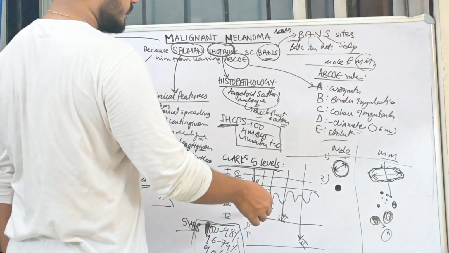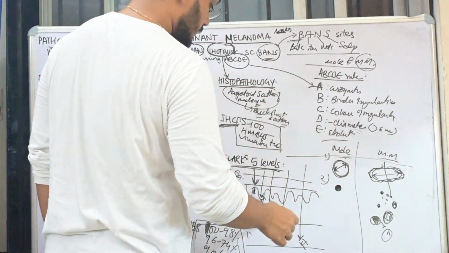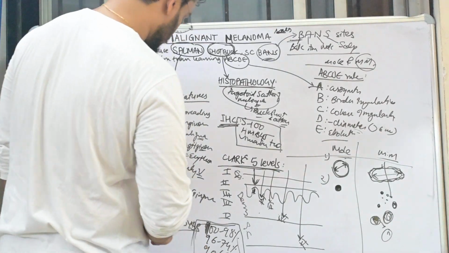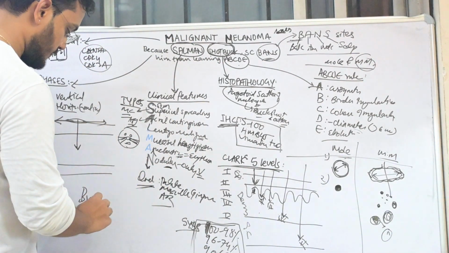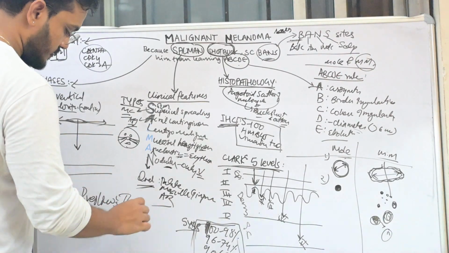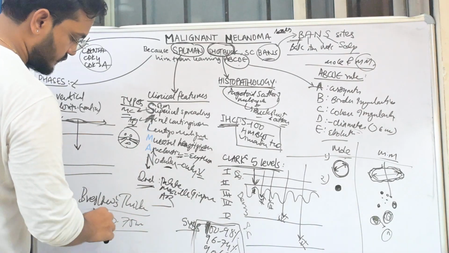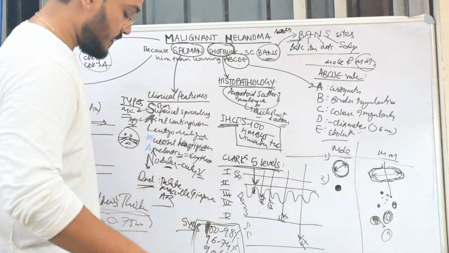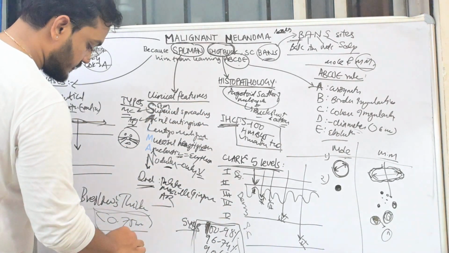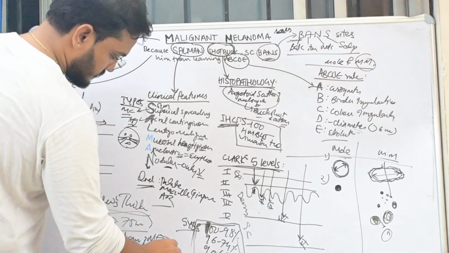So how do you know up to which level it has gone? There is another concept called Breslow's thickness. It says that if the thickness of the lesion is less than 0.75 mm, then there are very few chances of mets, that is metastasis.